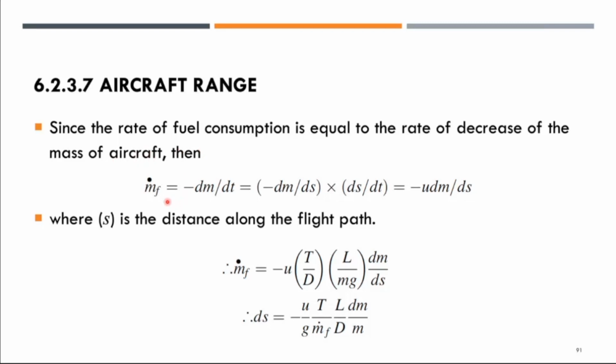we can write the mass flow of the fuel equal to this expression, where in this particular expression, s is the distance along the flight path. Rearranging, you will get the final expression for the change in distance.